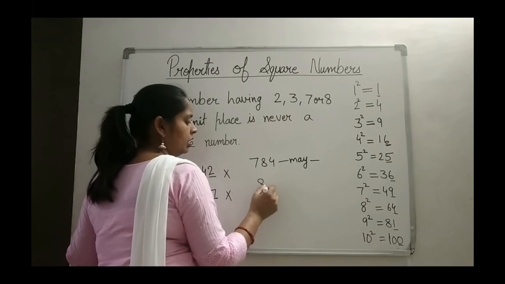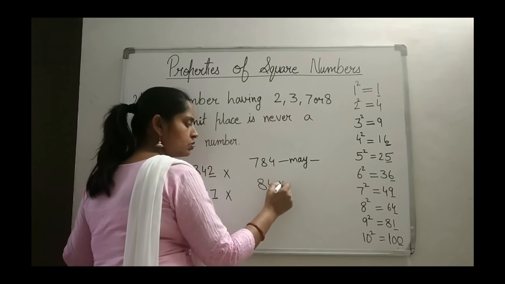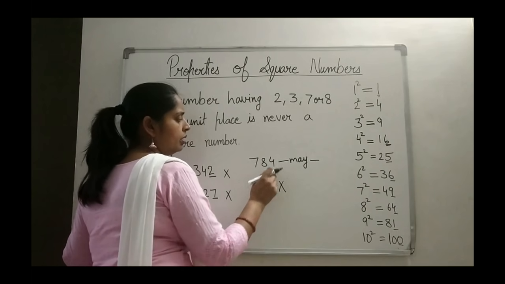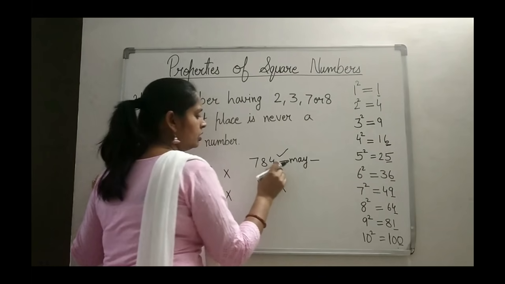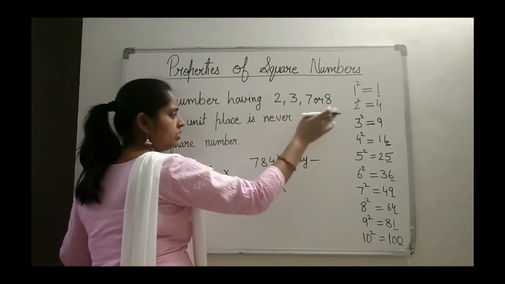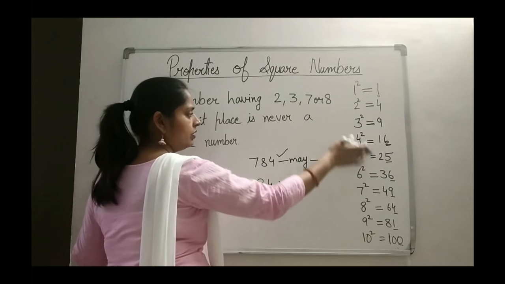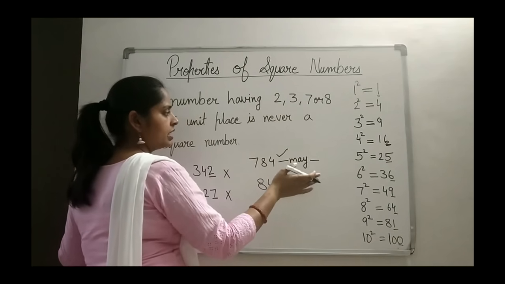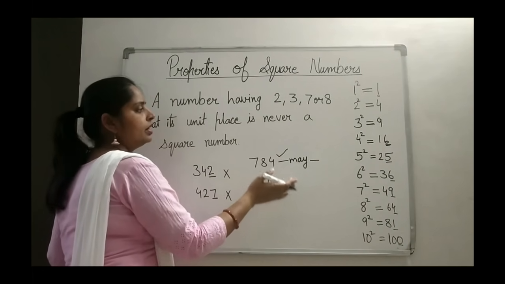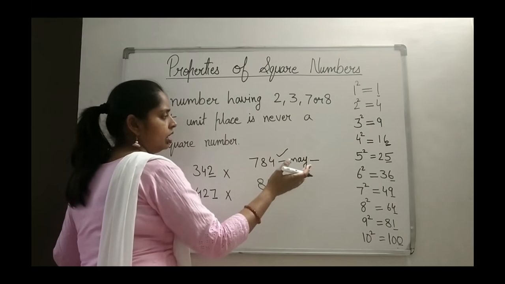And if I say 84, it is again ending by 4, but this is not a square number, although it is ending by 4. So if the number is ending by 4, 9, 6 or 5, like these digits in the ones place, we will say maybe it can be a square number, means there is a chance for the number to be a square number.